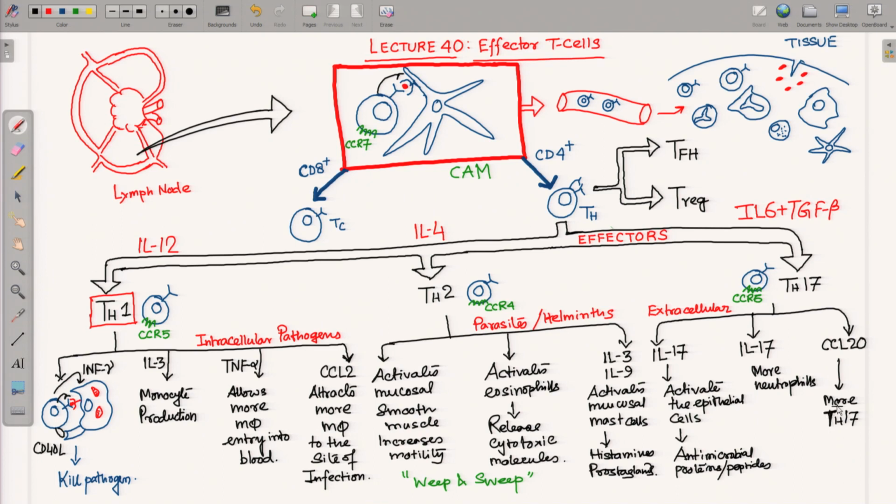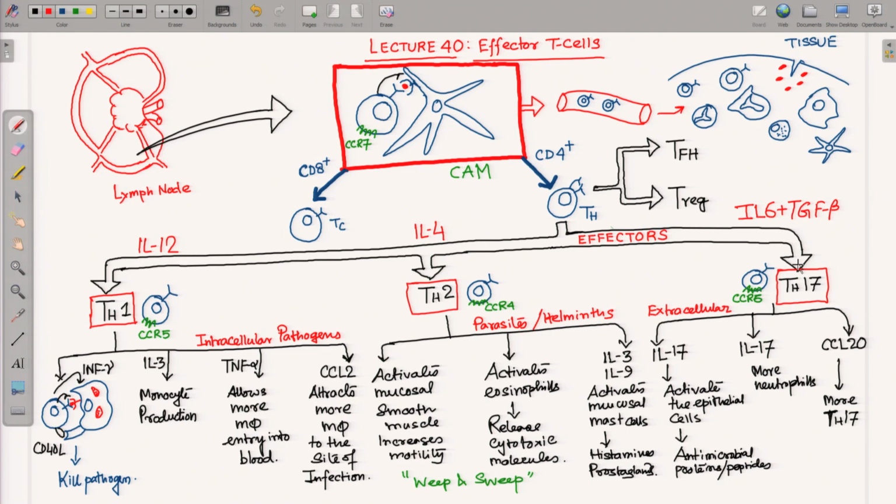So, a quick look at this entire picture: these helper cell types are the effector cell types. There are 3 major effector cell types: the Th1, the Th2, and of course the Th17.